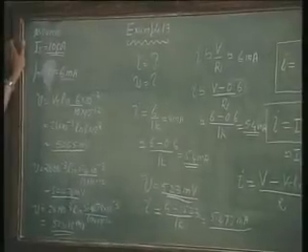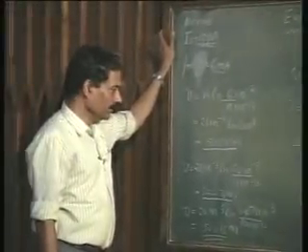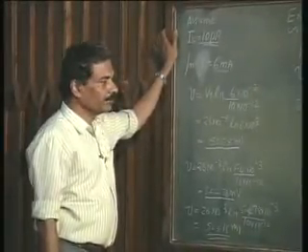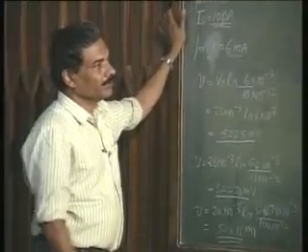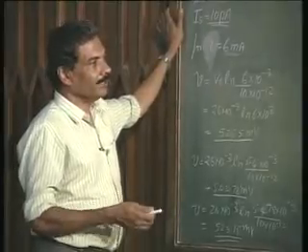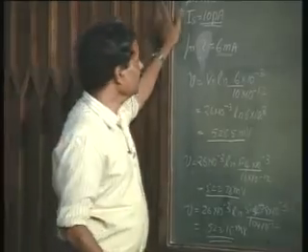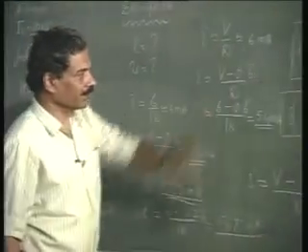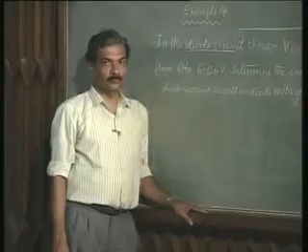So, this kind of analysis is what you would encounter in diode circuits, wherein you have to evaluate the current in the diode circuit using the exact relationship for the diode, that is the exponential relationship.